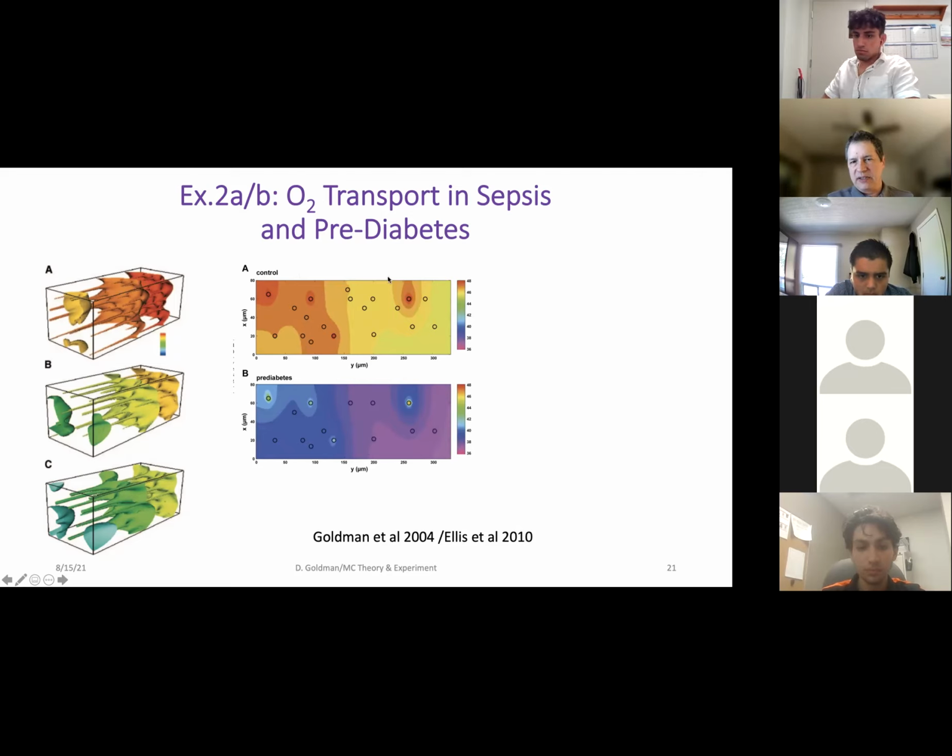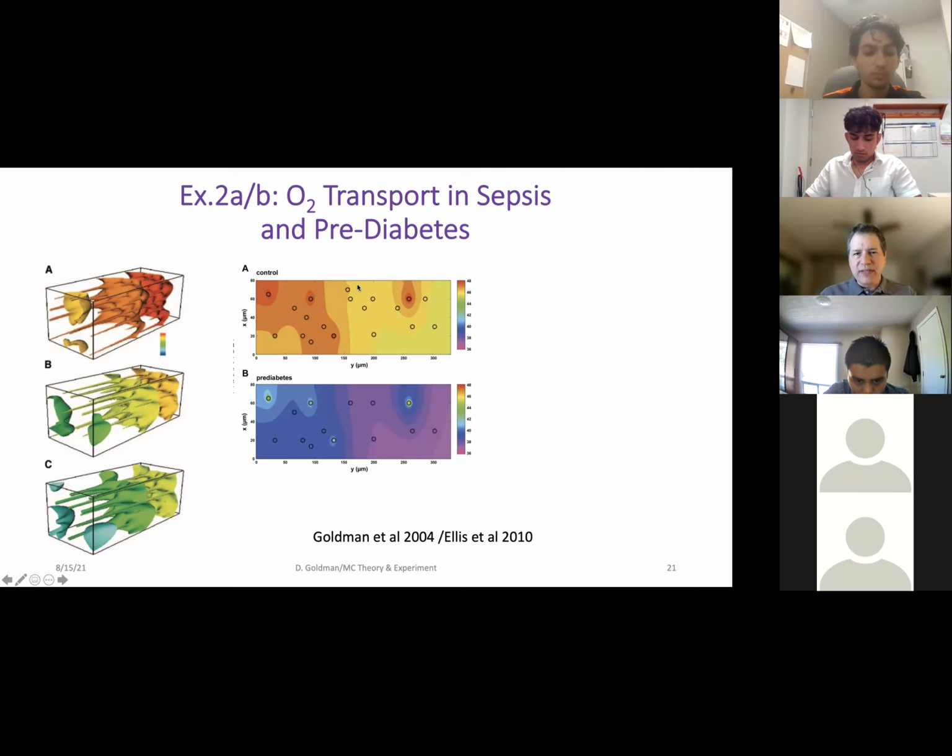You can see heterogeneity in capillary spacing and in oxygenation for the control case, but in the pre-diabetes case, this heterogeneity results in some lower oxygen regions. This is what you expect when you lose capillaries and have some changes in flow. That's what this model told us.